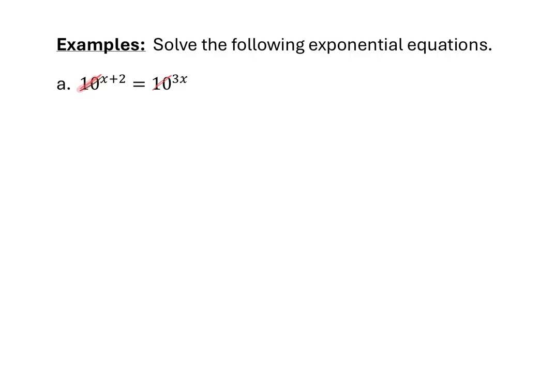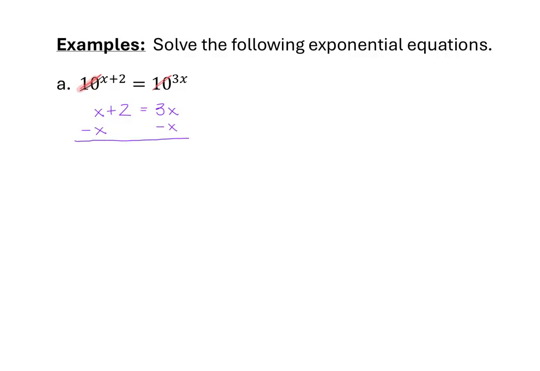And so our resulting equation is x plus 2 equals 3x. This is now a linear equation, and so we can go ahead and finish solving this. We want all of our variables on one side. We want all of our constants on the other.